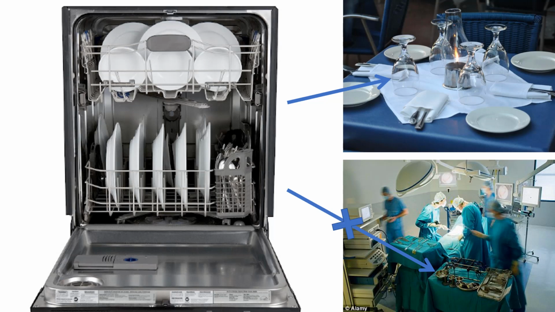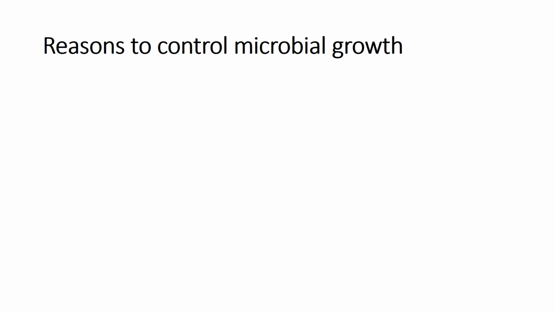So we need to think of how clean is clean and how to make these objects clean enough for their intended use. So for instance, these surgical instruments would need to be completely sterile because there's still some microbes present on those plates and in those glasses. So here are certain reasons of why we want to do this.